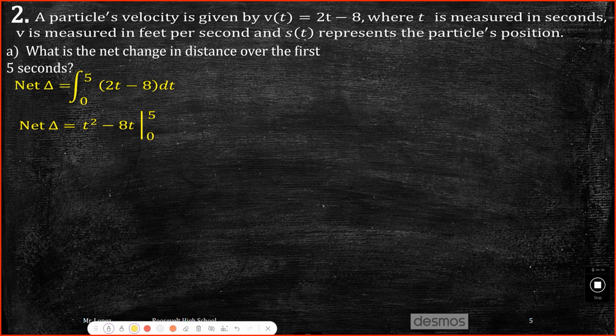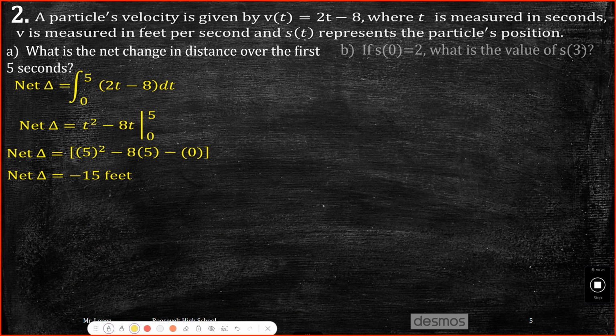All right, so negative 15 feet. B. That's the one you're talking about, Jacob. Where are you at t equal to 3?